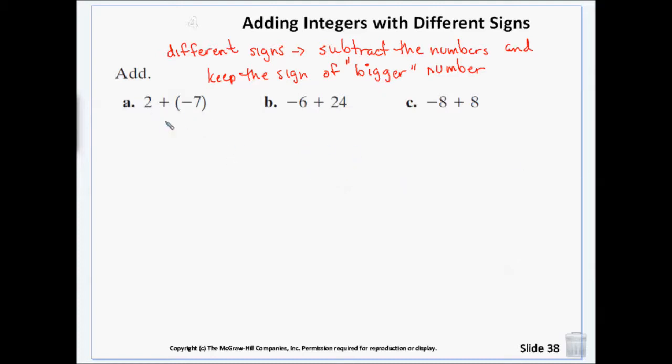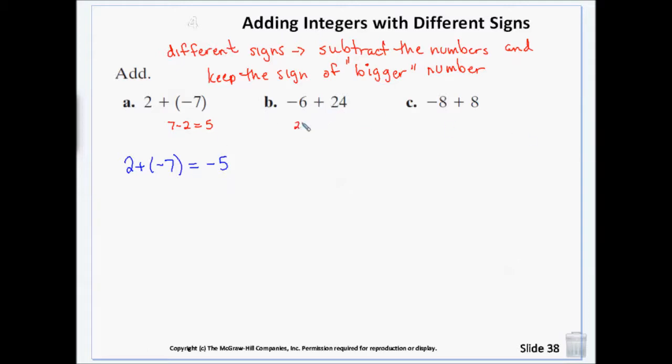So 2 plus negative 7, I'm going to do 7 minus 2 is 5, right? So 2 plus negative 7 is going to equal negative 5. And the reason it's negative 5 is because the 7 was bigger and the 7 is negative. So it wins. So the answer stays negative.